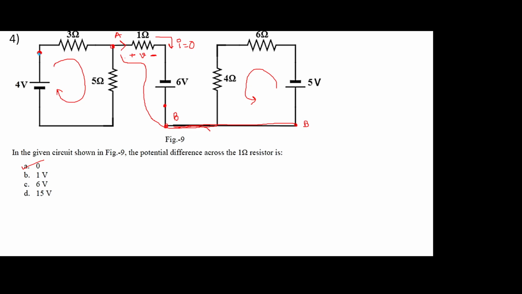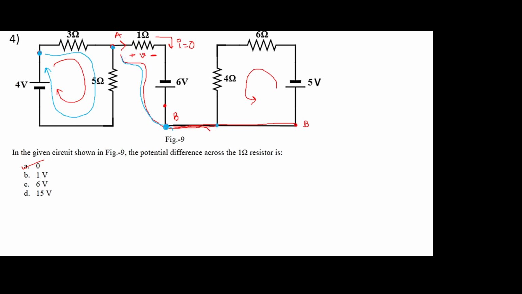So loop means when you start at a single point, you have to cross through all the elements in each branch and arrive at that particular point, right? But just consider this particular branch from A to B. If you start from A, if you move through the resistor, the voltage source, you cannot come back at B. This is not a loop.